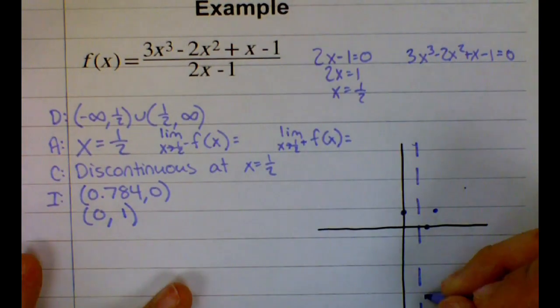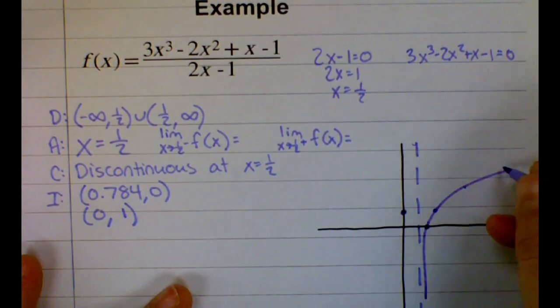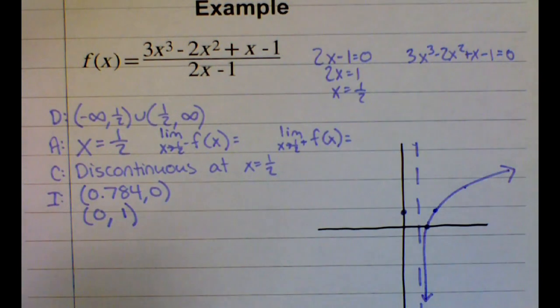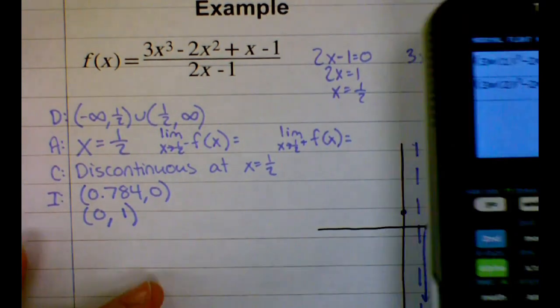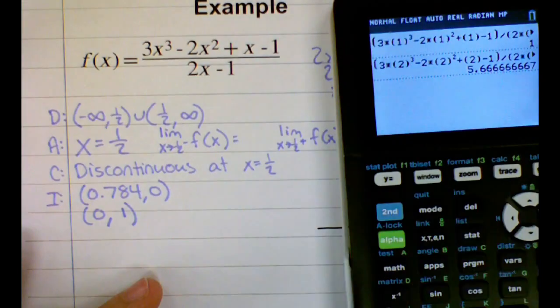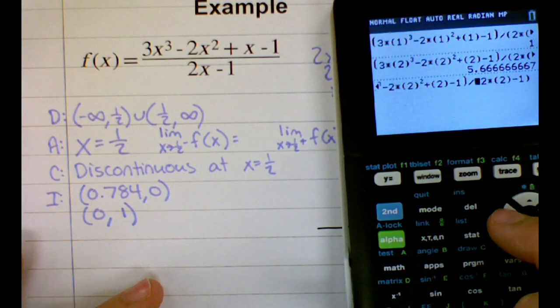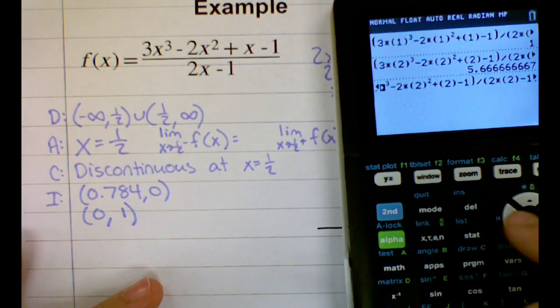All right, my guess then is that this graph is going to go like this. And over here, let's try -1. So I'll change all those 2's to -1's.